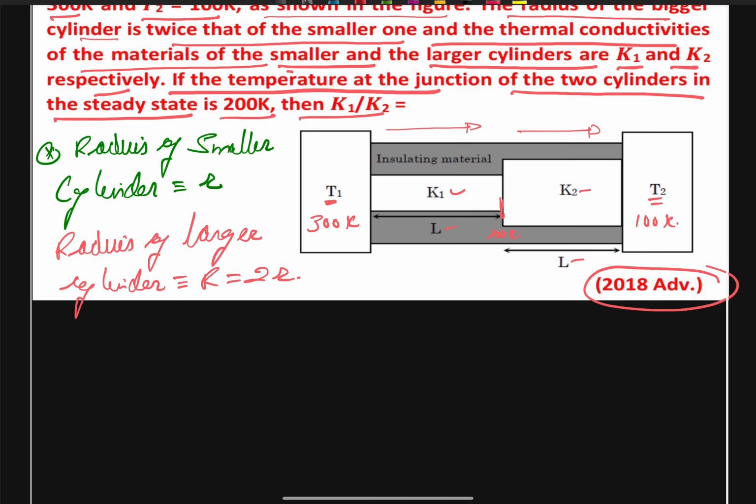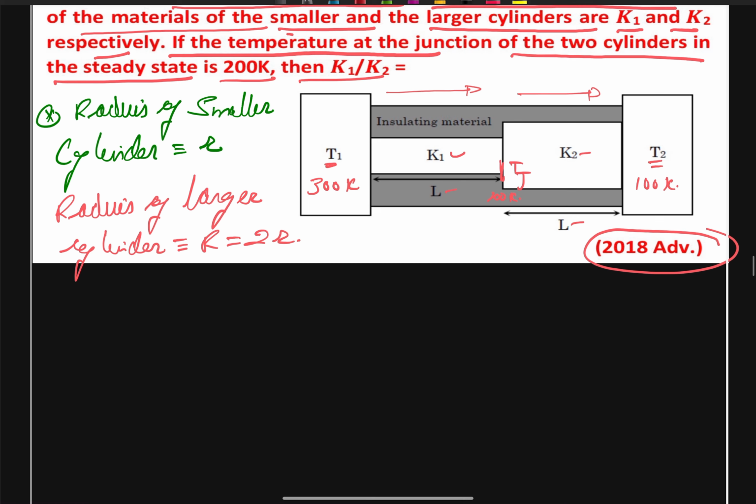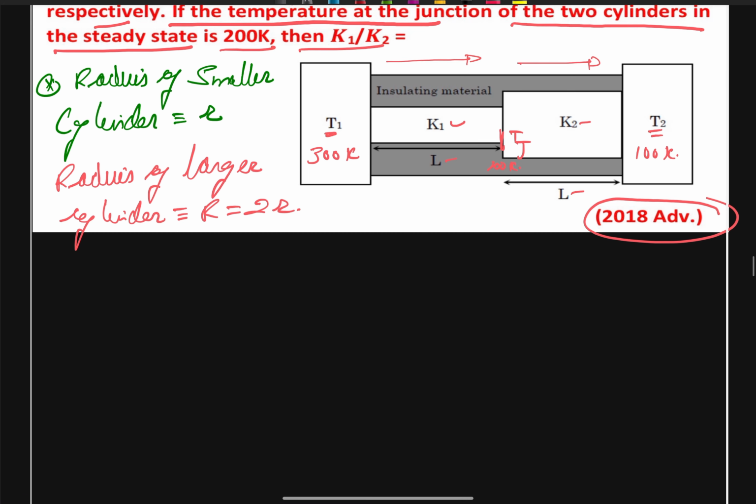And the temperature of the junction is, let us suppose, given as Tj, which is our 200 Kelvin. So the heat is going to flow only because of conduction. It is not mentioned in the question, but we are going to presume that there will be only loss of heat because of the conduction.